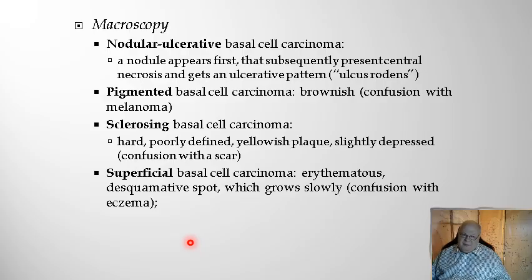Another, fortunately rare, macroscopical form is the pigmented basal cell carcinoma, which is brownish in color, being easily macroscopically confused with melanoma. Not microscopically, so from this point of view, a simple biopsy will easily make the differential diagnosis.